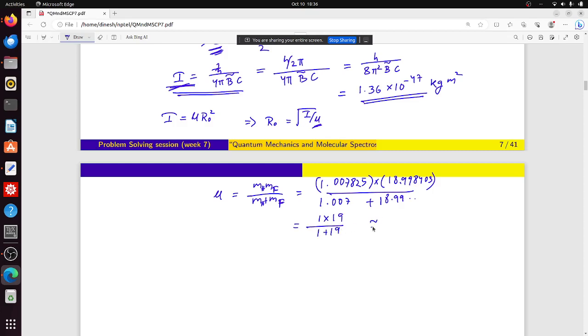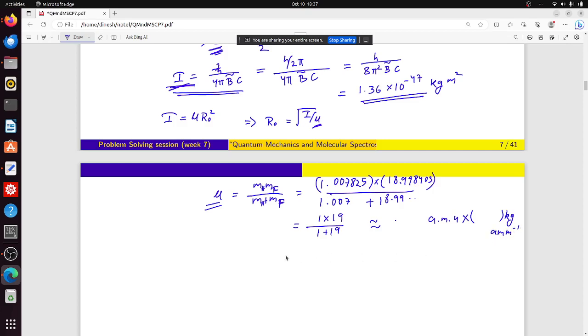So this will give us a value in terms of atomic mass unit, right? Now you need to convert this mass from atomic mass unit to kg. So you have to multiply by one constant, which will convert it to kg per atomic mass unit.